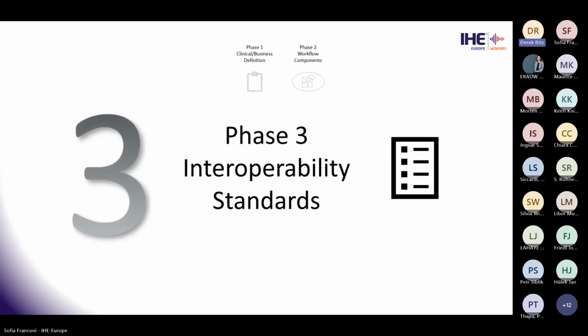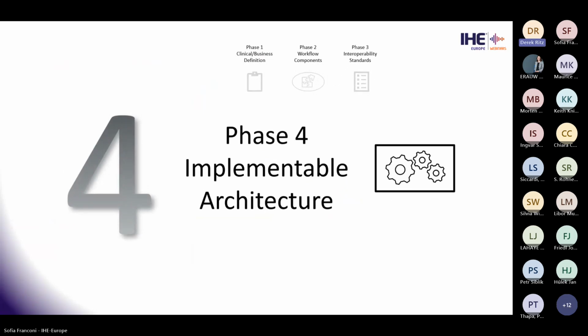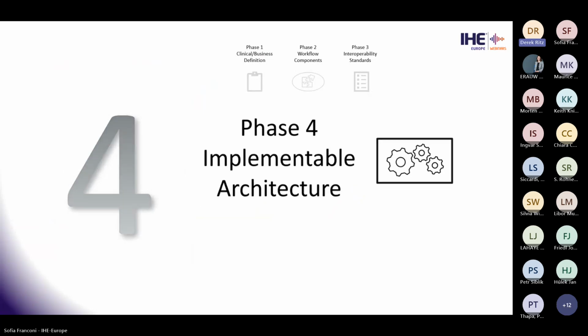Third, we map this disassembled set of workflow components to interoperability standards and look for Lego blocks that might be already in the toy box. Of course, we want to assemble our Lego blocks, and so we would create an implementable architecture from the Lego blocks we have. By the way, step 3 would also surface where there was a Lego block we needed.